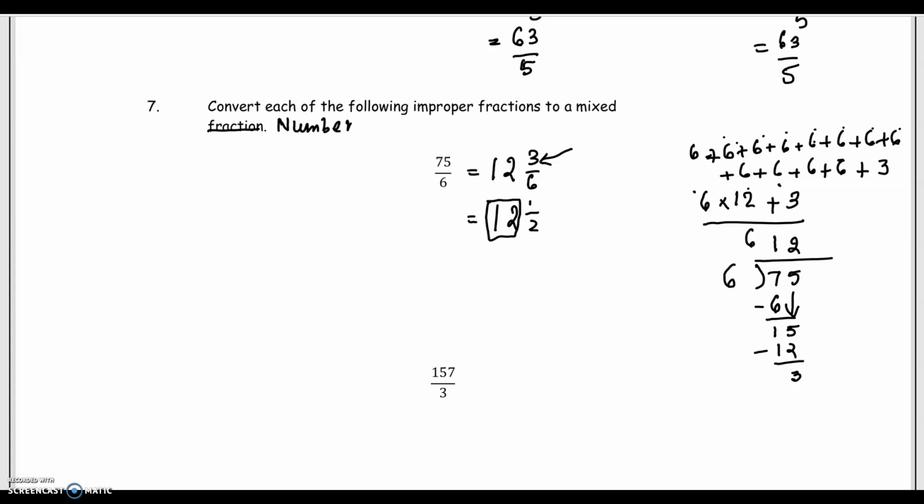So how many times does 3 go into 157? We're going to convert it to a mixed number. So let's just do this division on the side. Three goes 2 times into 7, leaving a remainder of 1.